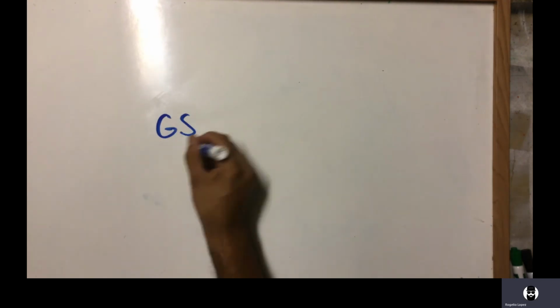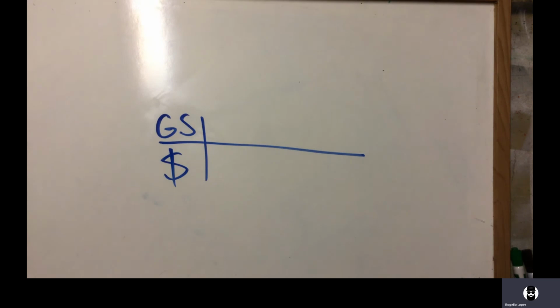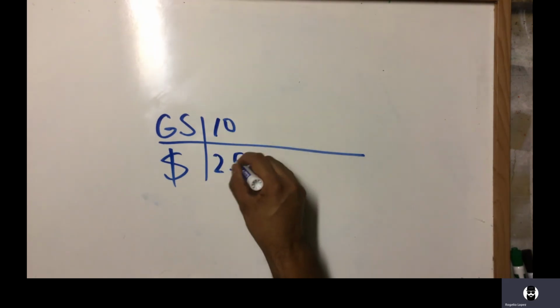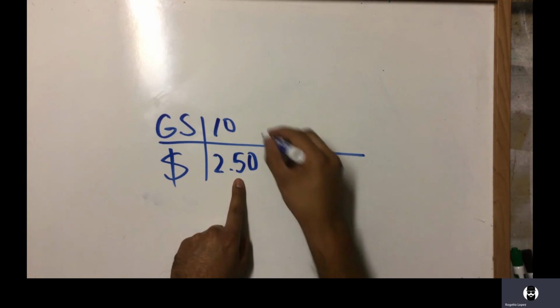Okay, so for Justin, they didn't give us a function, they gave us a table. They have glasses sold, let's put GS, and they have profit, which is money. Here they put 10, and then here they kind of try to mislead you. They put 2.5, which should be $2.50.